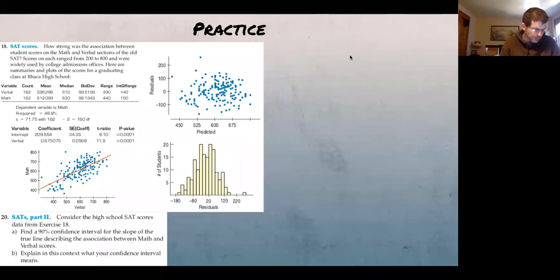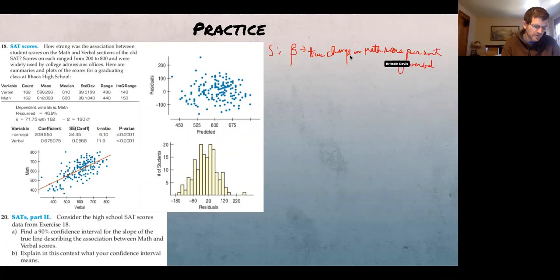Now we want to construct a 90% confidence interval. Stating, I want to find beta, which is the true change in math score per unit of verbal score.